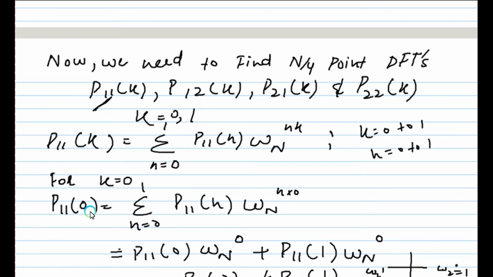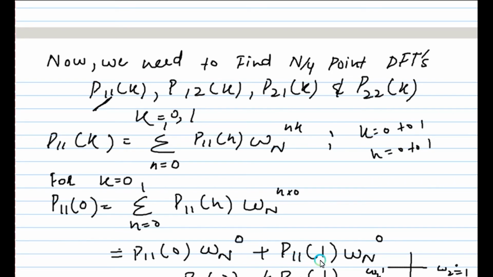So it will be P11 of 0 is equal to summation n running from 0 to 1, P11 of n, W_N to the power n into k, and k is 0. So I will break this summation down. P11 of 0, W_N, n is 0, so 0 into 0 is 0.